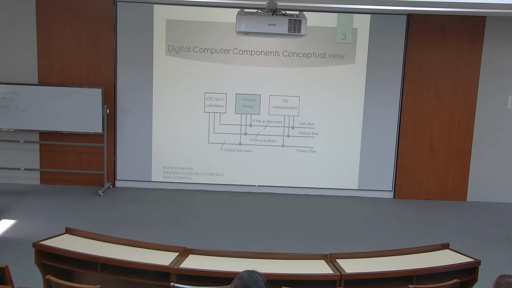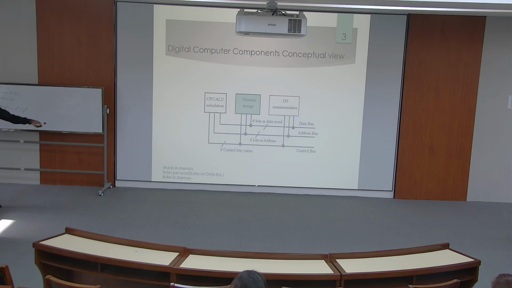It is given by this expression 2 to the power of n, where n is the number of bits in the address bus. We can also calculate the number of bytes per word. If you still remember how many bits is a word, the number of bytes per word equals what?